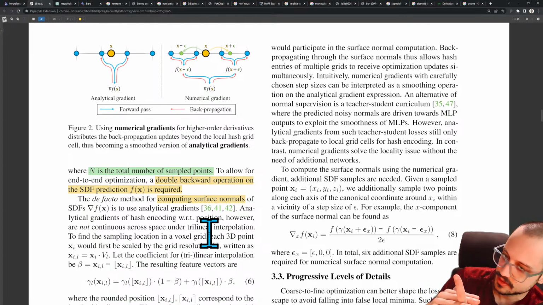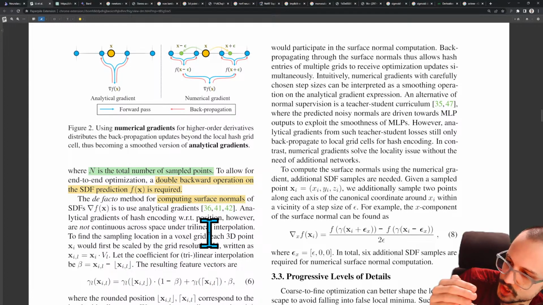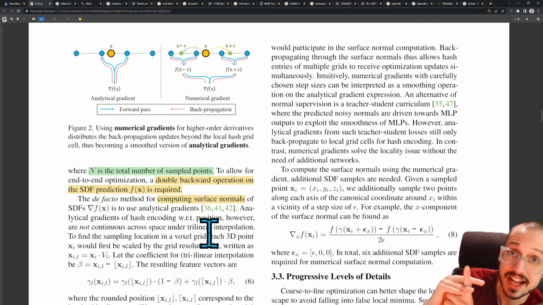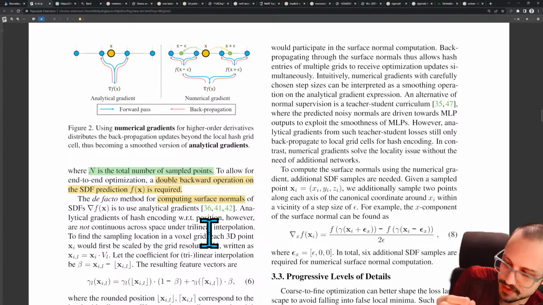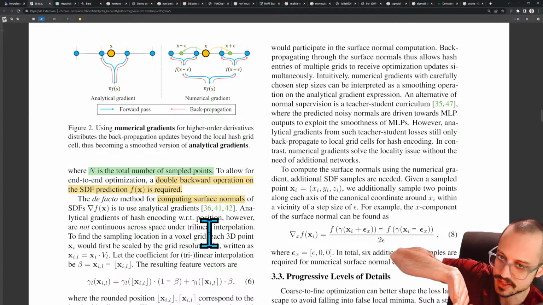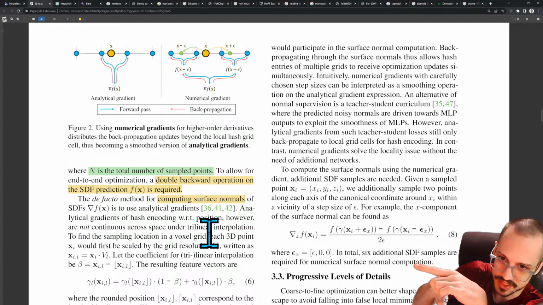But in order to get the normal, you basically need to know the shape of that surface. You need to know exactly where that normal vector should point. And if you just have a single point, you don't know what the surface looks like. If the surface is like this, the normal is going to be this way. The surface is like that, normal is going to be that way.